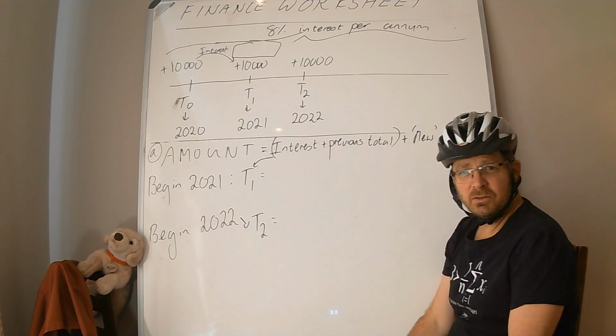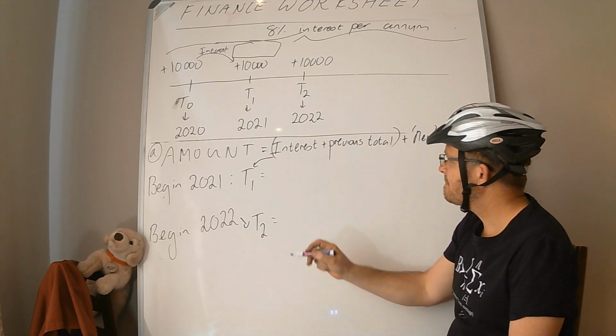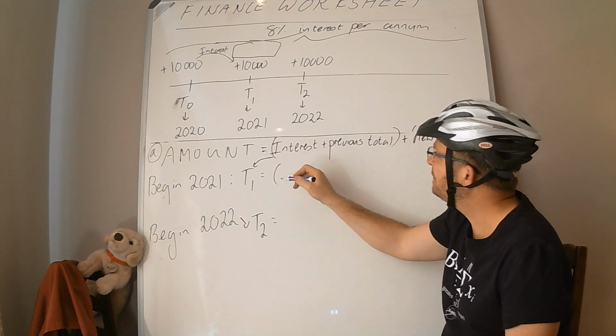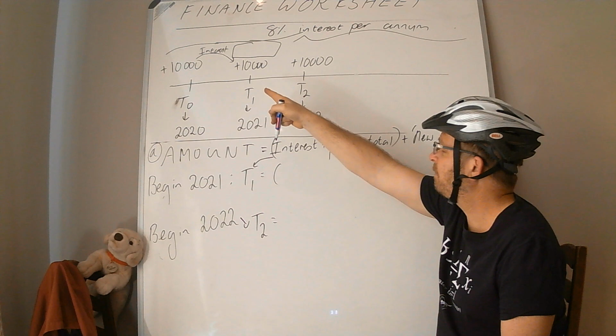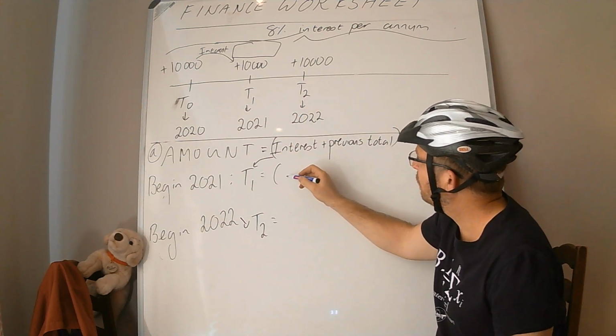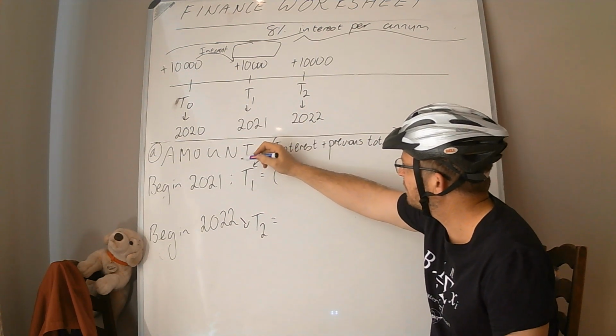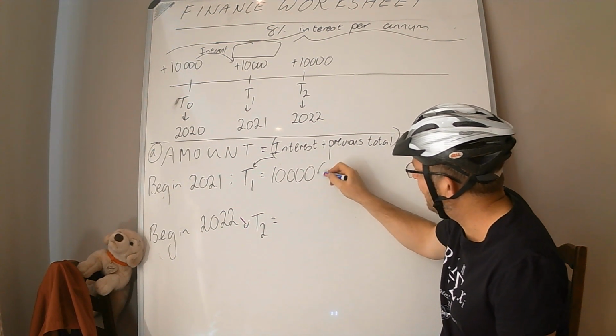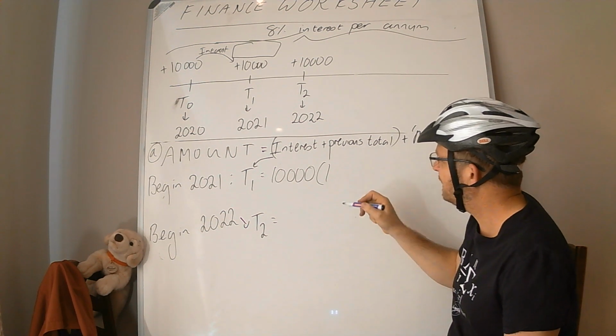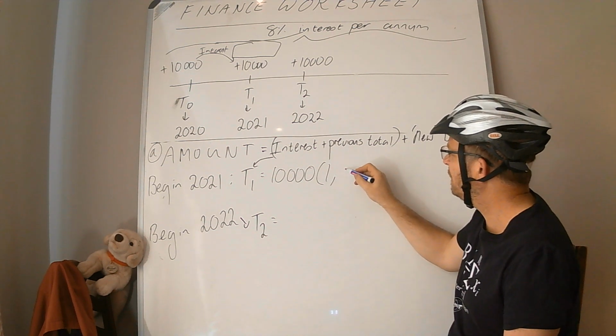So go try to work out how much money would be in the account at the beginning of 2021. To work this out, the interest applied to the previous total, well, it's 8% interest. So it's going to be 10,000. If you apply 8% interest for 1 year, it'll be 10,000 times 1,08.